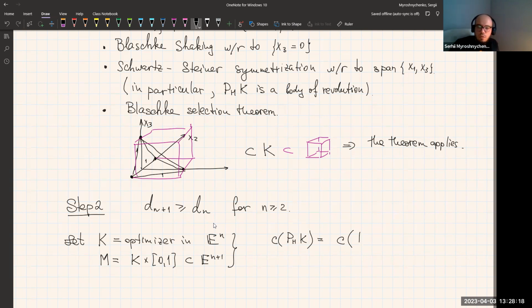This is equal to the projection on the span of H and an extra dimension x0, parallel to 0, 1, of M. And similarly, the projection of the centroid of K ends up being equal to the same thing.